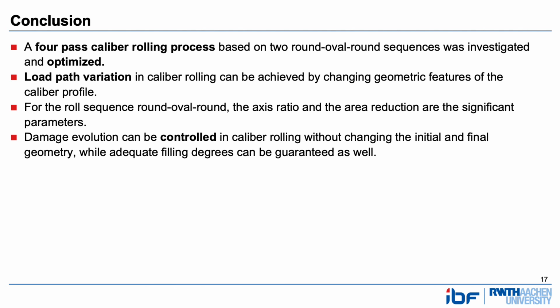For this rolling sequence, the aspect ratio of the oval caliber and the percentage of area reduction are the significant parameters for both filling degree and load path. Based on this approach, damage evolution can be controlled in caliber rolling without changing the initial and final geometry, while adequate filling degree can be guaranteed as well.